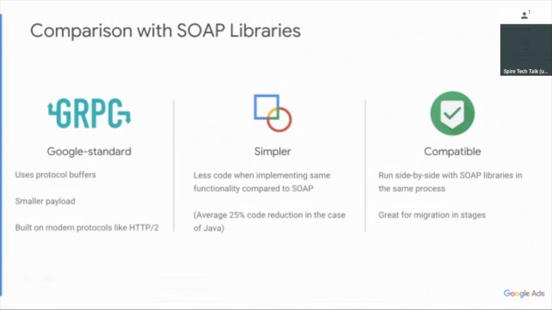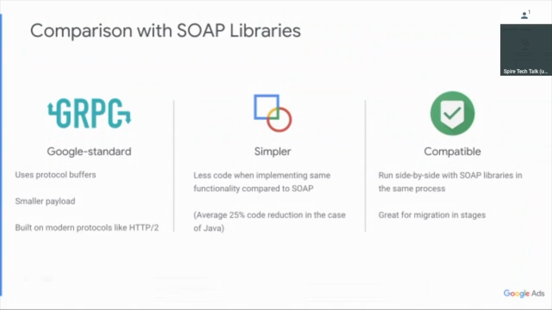The second thing is that the code tends to be simpler. There are two reasons why this happens. The first is that when we built the new API, we simplified several use cases in it, so that you end up writing a lesser amount of code with the new API. The second is that we added some additional functionality to the client libraries.